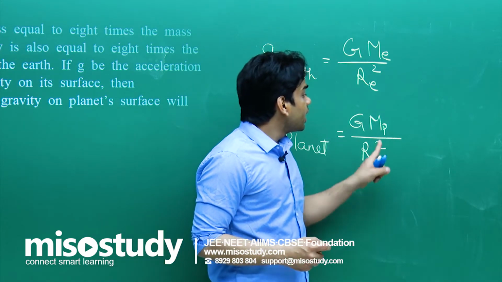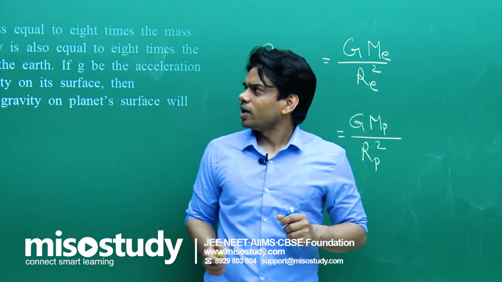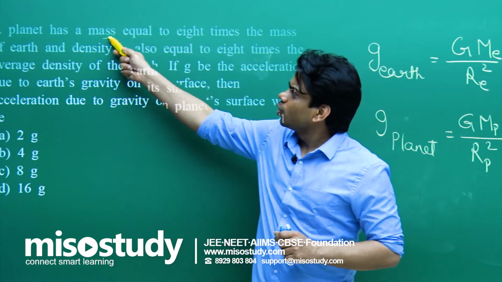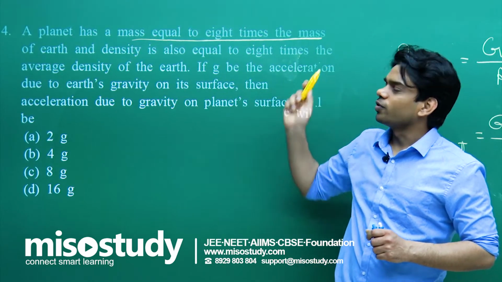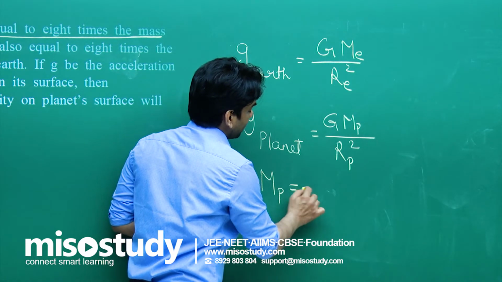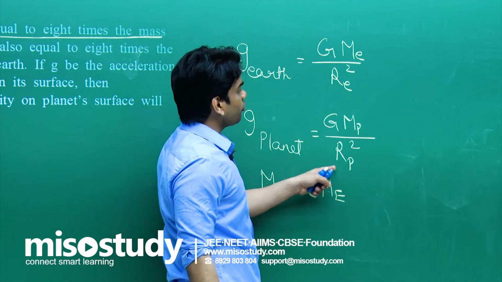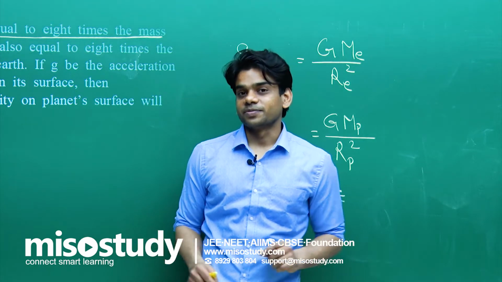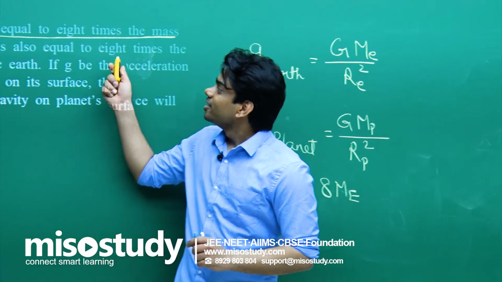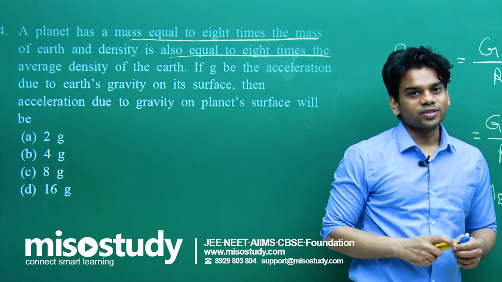Now you see here, G M_P, now say mass of planet, what is that? That is given as 8 times of mass of Earth. A planet has a mass equal to 8 times the mass of Earth. So we can write that mass of planet is 8 times of mass of Earth. Now radius of planet and radius of Earth is not directly given, but it's given that the density is also equal to 8 times the average density of the Earth.